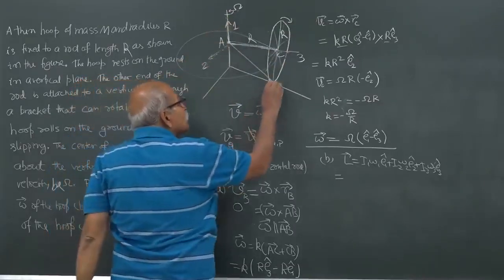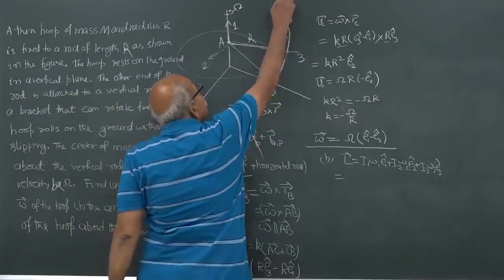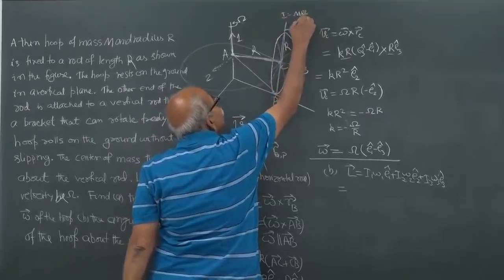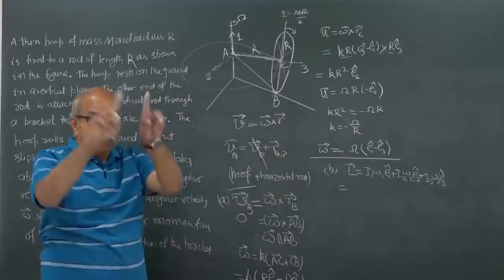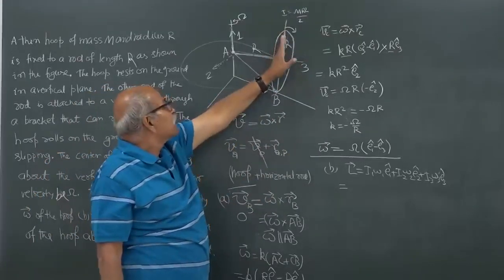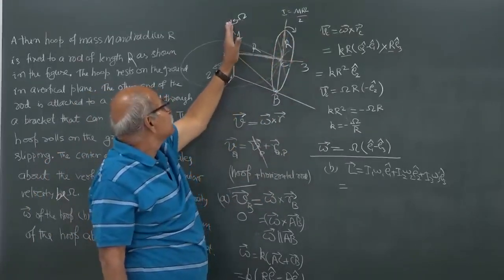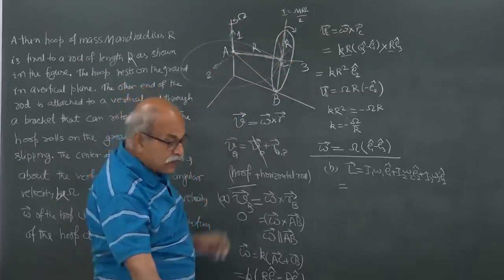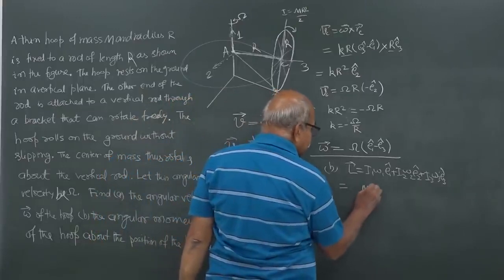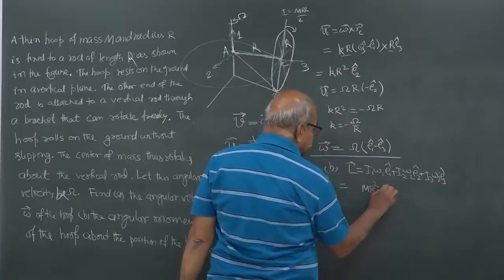So, about this diameter the moment of inertia will be m r square by 2. Okay, it is a hoop, a ring. So, about this diameter it is this, then parallel axis theorem to get the moment of inertia about this, and I1 will be m r square plus m r square by 2.